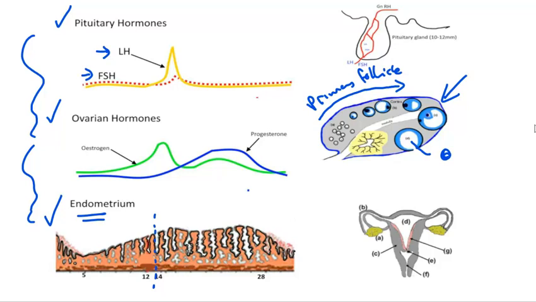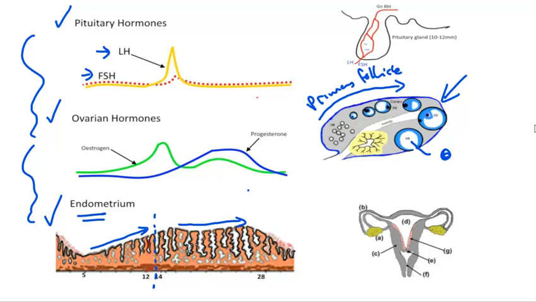And the third thing to consider is the development of the lining of the uterus and then its maintenance in the second phase. First phase of the uterus development is the building up of the lining, and then the second phase is the maintenance. So the hormones that are involved, let's look at their cycling events.